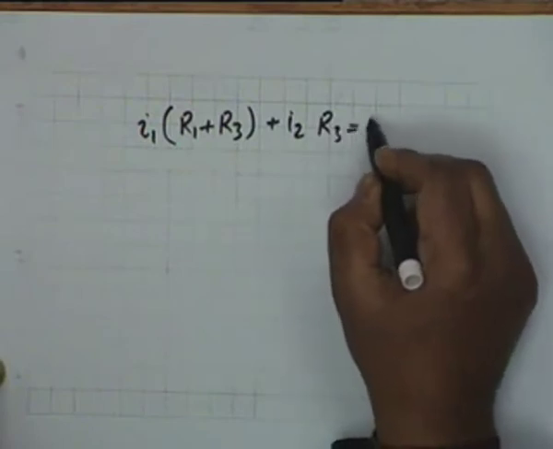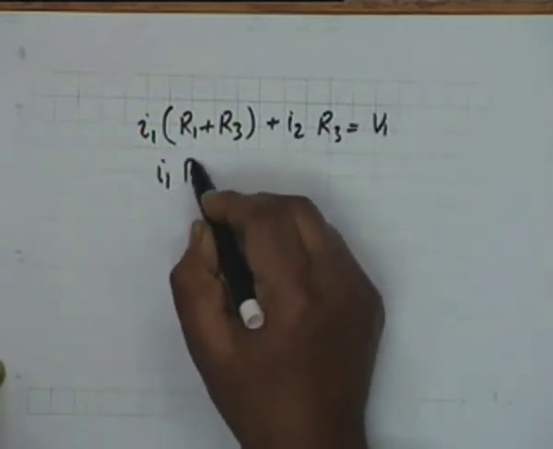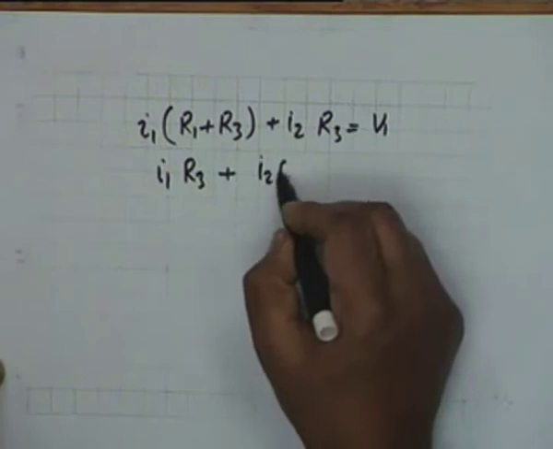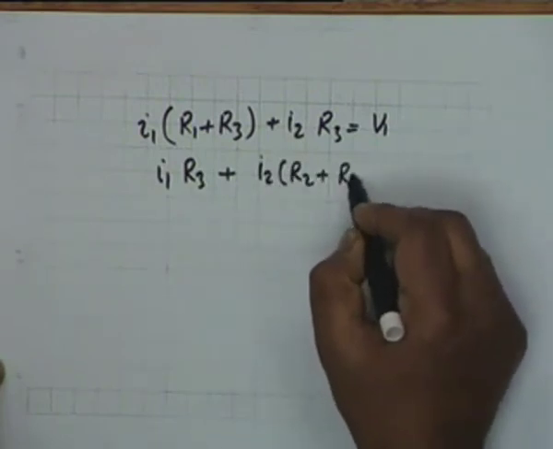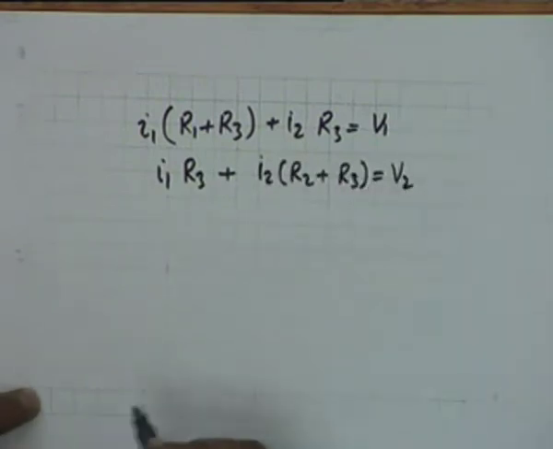Let me write down these equations. I1 R3 plus I2 (R2 plus R3) is equal to V2. All right.